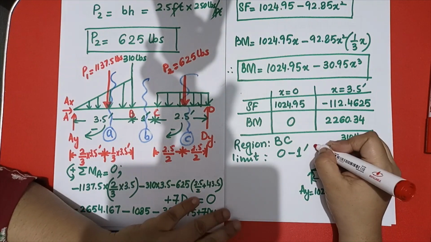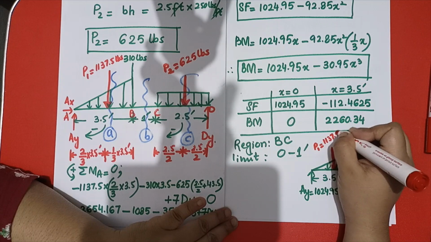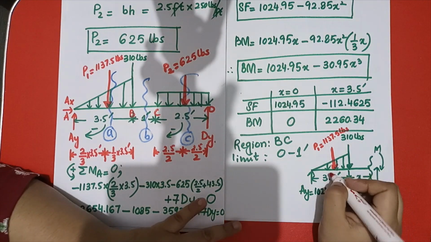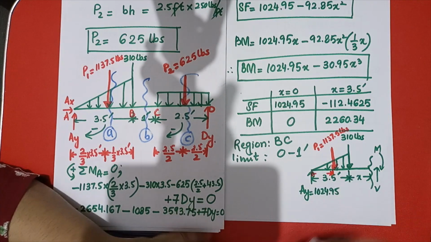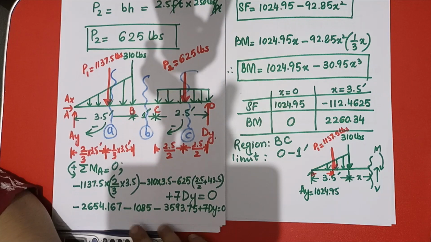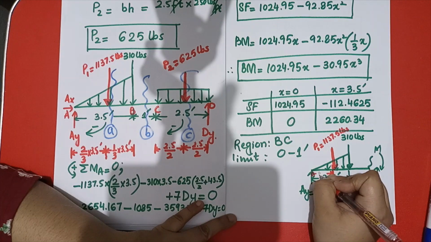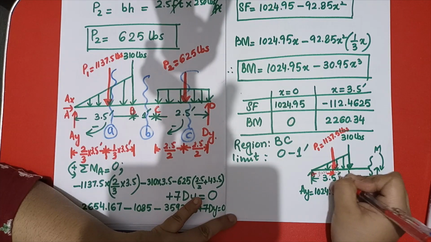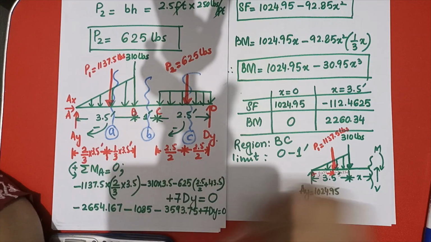P1 is equal to 1137.5, which we calculated at the start of the numerical. So it will remain the same. The distances will be 2 by 3 into 3.5, and 1 by 3 into 3.5. You already know how we distributed it.